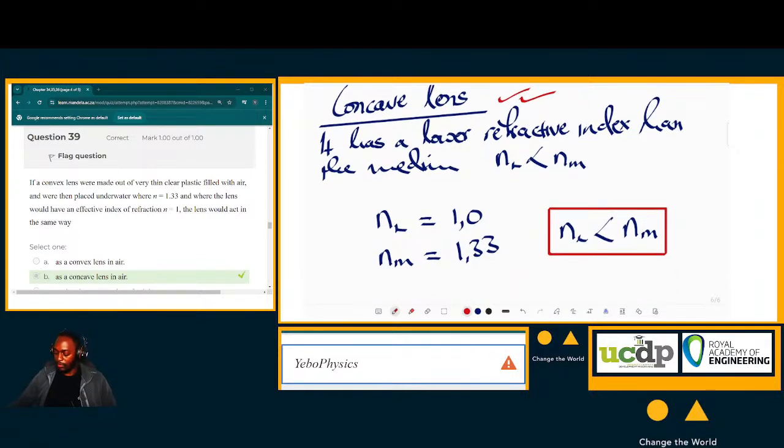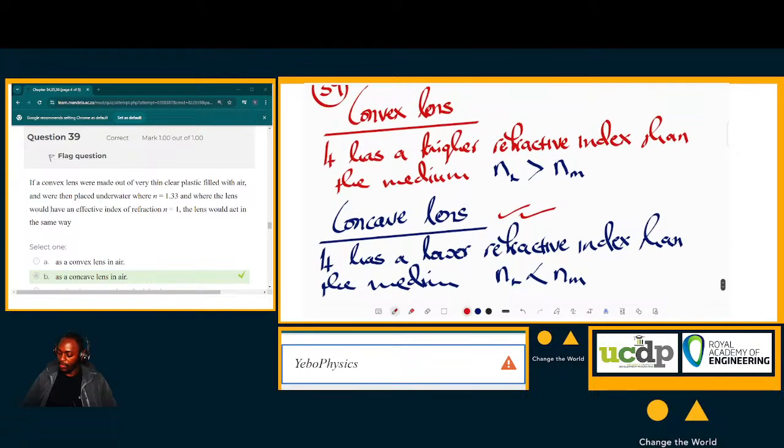So I hope you would recall the architecture of the convex lens and the concave lens so that you know the difference.